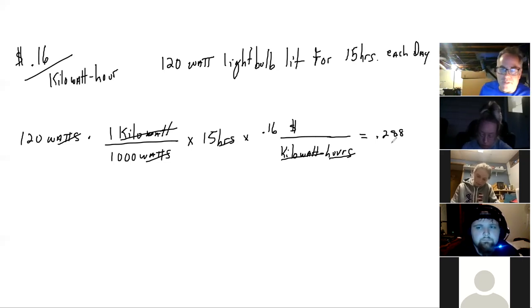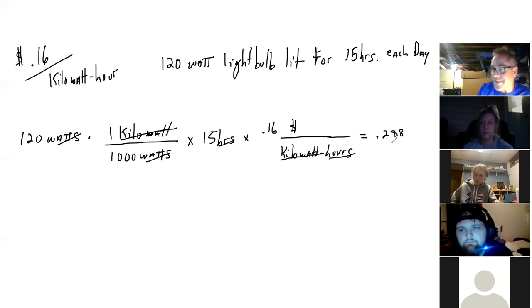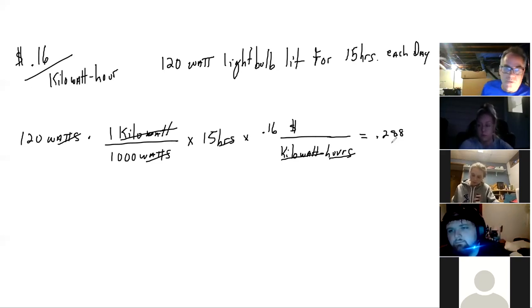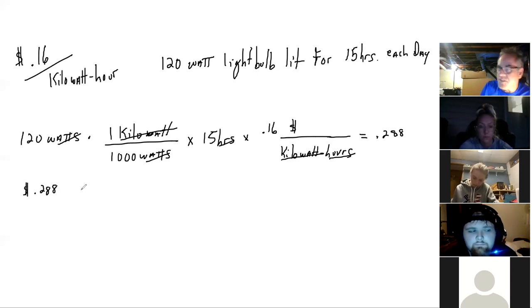Which, if you were rounding up to cents, would be 29 cents for the day. So it's going to cost you $0.288, but again, 29 cents for 15 hours each day.